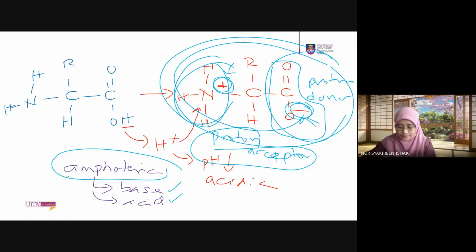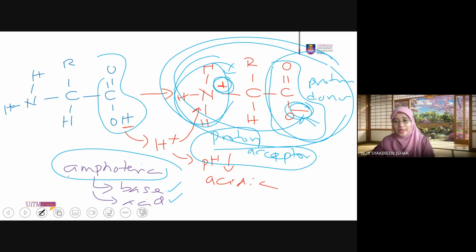Okay, so tadi kan saya lupa nak mention, once the carboxyl group releases hydrogen ion into the surrounding solution, the pH will drop, becomes acidic. So this hydrogen ion will be accepted by the amino group. So the pH will increase semulalah ke takat yang sebetulnya. So this is the function of amino acid of being a pH buffer.